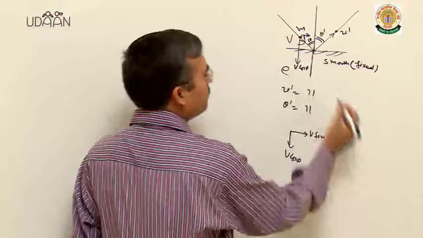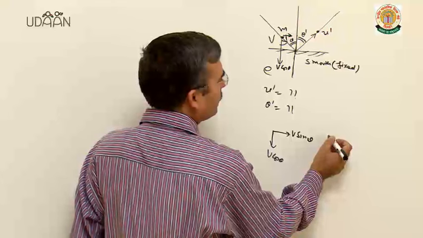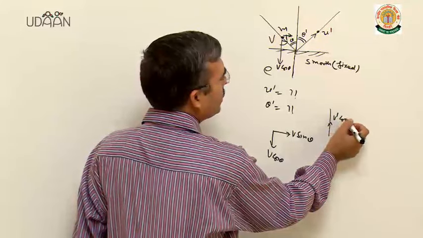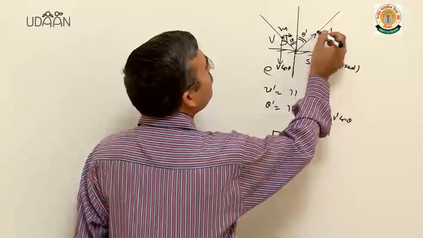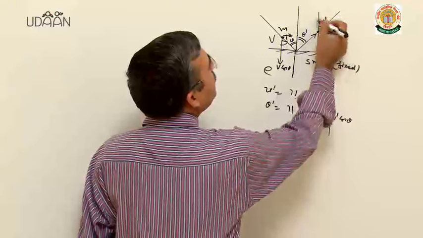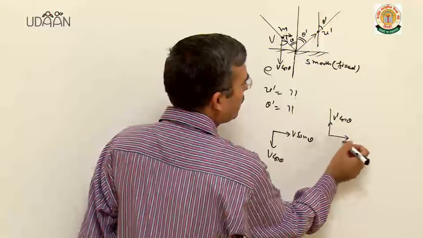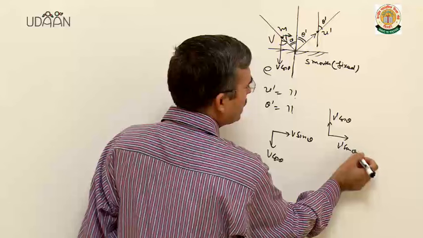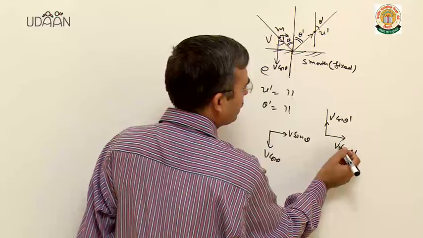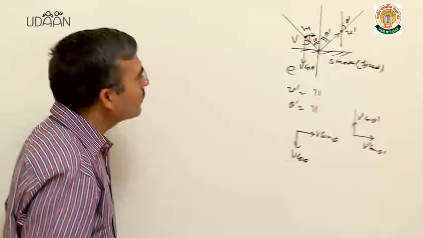After the collision, along the normal velocity becomes v dash cos theta dash. This angle will be theta dash. Along the tangent it is v dash sin theta dash. Clear? Okay.